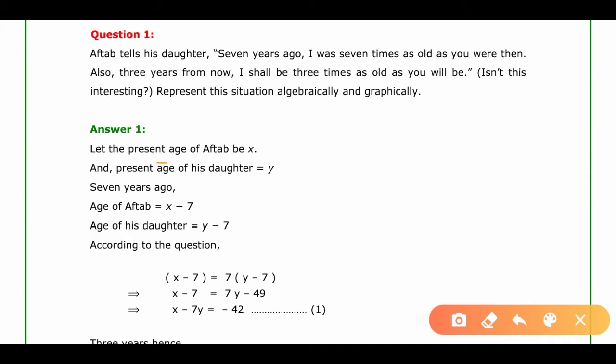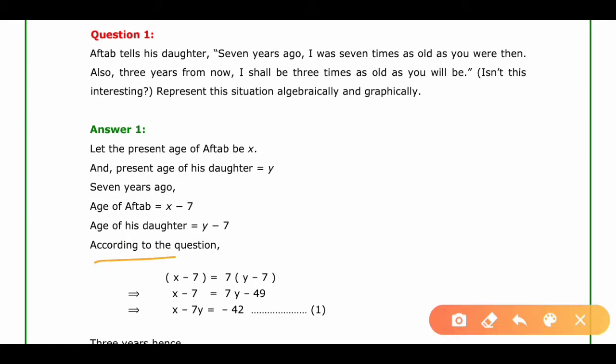Let the present age of Aftab be x and the present age of his daughter be y. Now 7 years ago, the age of Aftab would be x minus 7 and the age of his daughter would be y minus 7. Clear?